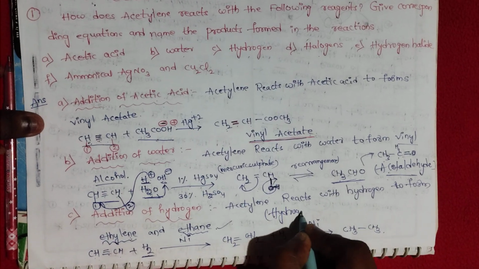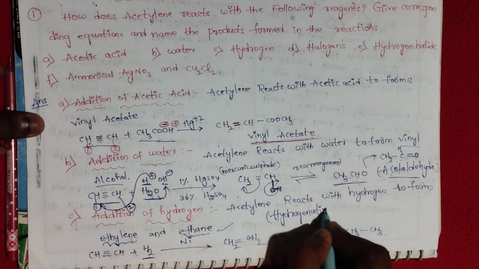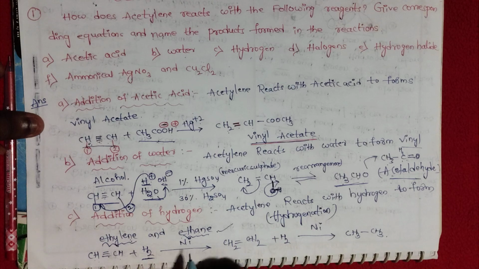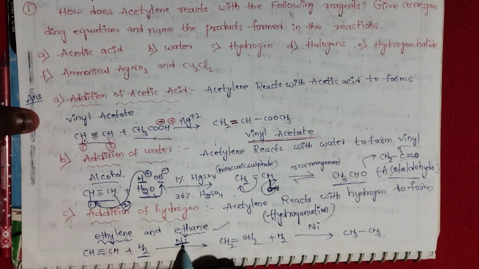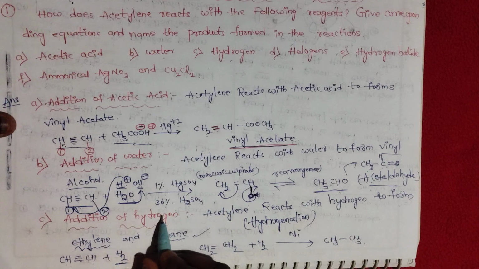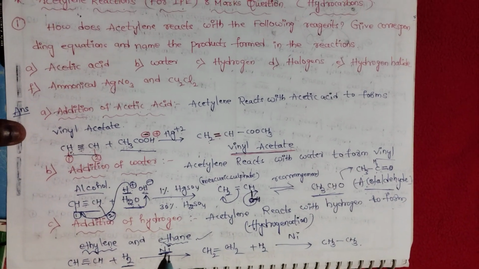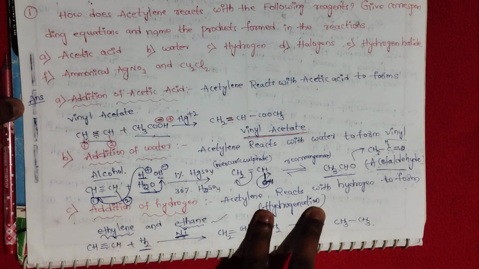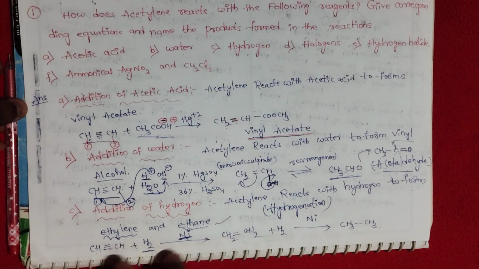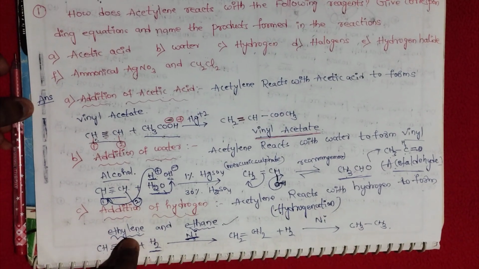So by the addition of hydrogen to acetylene, what is the name of this reaction? Hydrogenation. In the hydrogenation reaction we use some reagent for the addition of hydrogen. What reagent are we taking in this reaction? Nickel. Nickel is used as a reagent in the hydrogenation reaction. Finally what products are we getting?